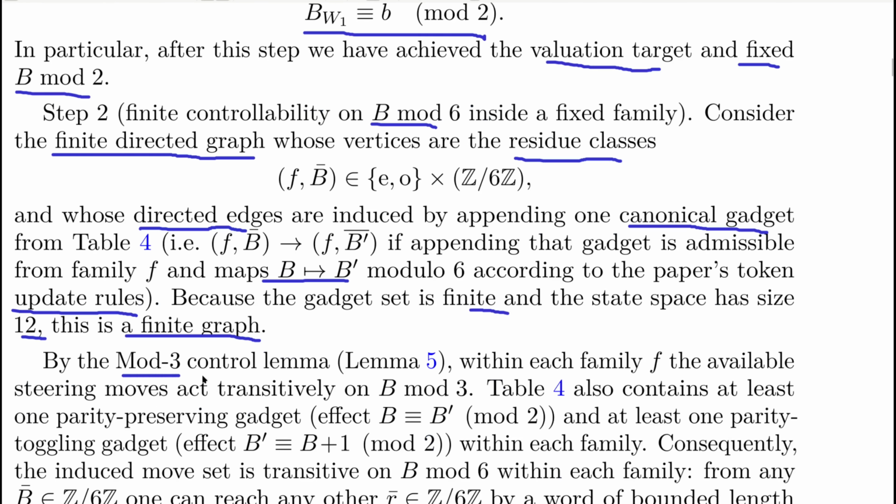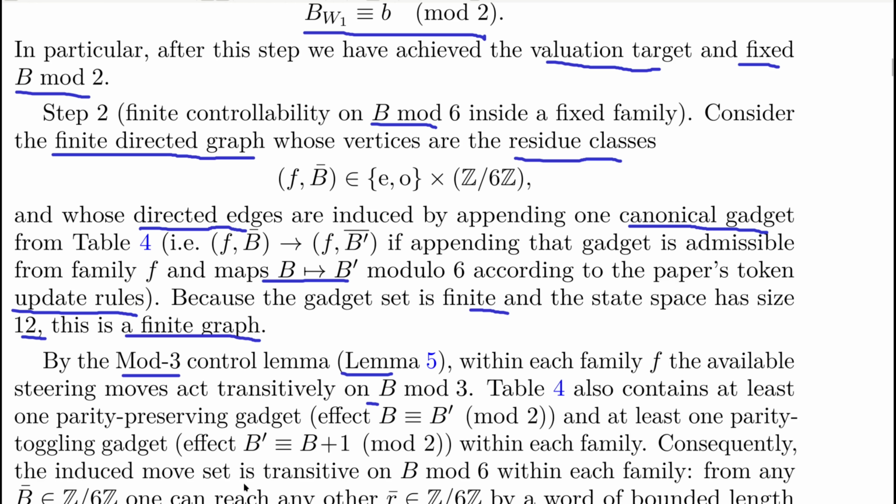By the mod 3 control lemma, Lemma 5, within each family F, the available steering moves act transitively on B mod 3. Table 4 also contains at least one parity preserving gadget, with effect B congruent to B prime mod 2, and at least one parity toggling gadget, with effect B prime congruent to B plus 1 mod 2, within each family.